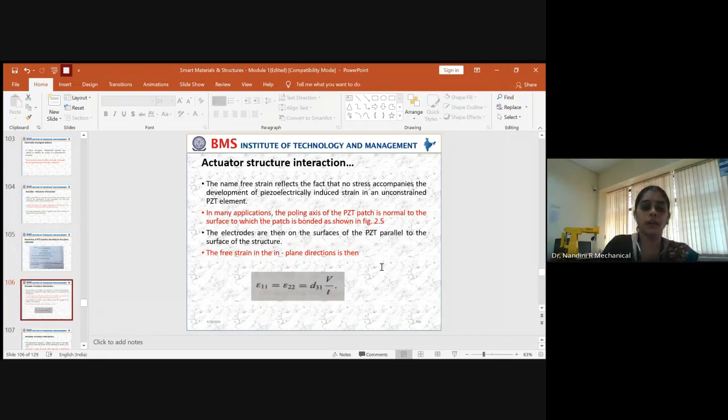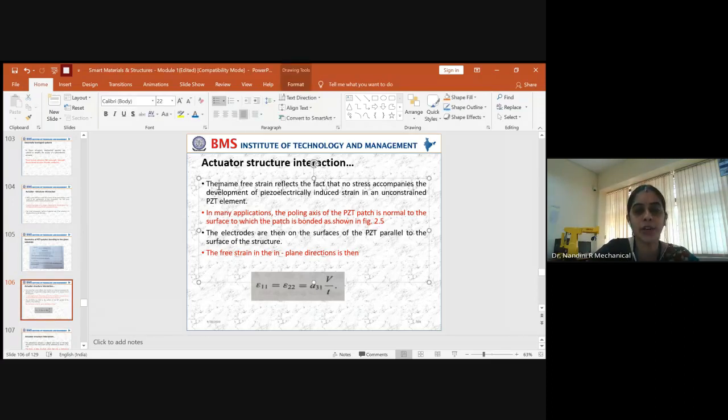Okay. Next, we just studied the free strain. Along with that, you should now understand a few other concepts. The name free strain always reflects that no stress accompanies the development of piezoelectrically induced strain. So when you say free strain, it is only the total value of the strain of a particular piezo element where the stress is not related either directly or indirectly.